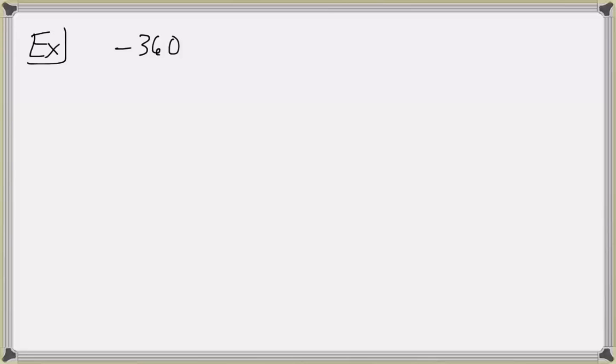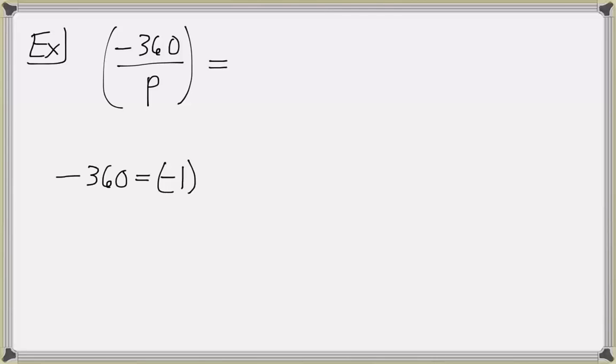Then to do that, we could evaluate the Legendre symbol (negative 360 over p). Now if I look at the prime factorization of negative 360, let me take out the factor of negative 1, and then I see that this is equal to 2 cubed times 3 squared times 5.